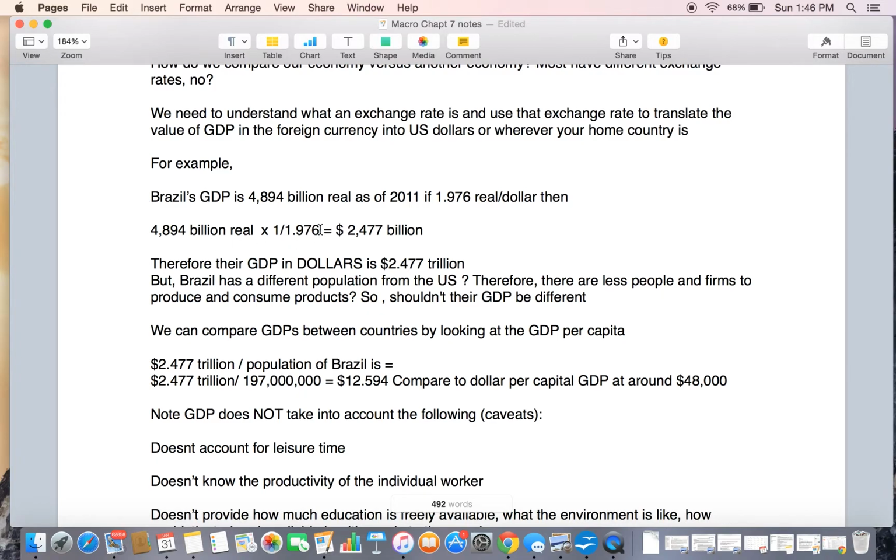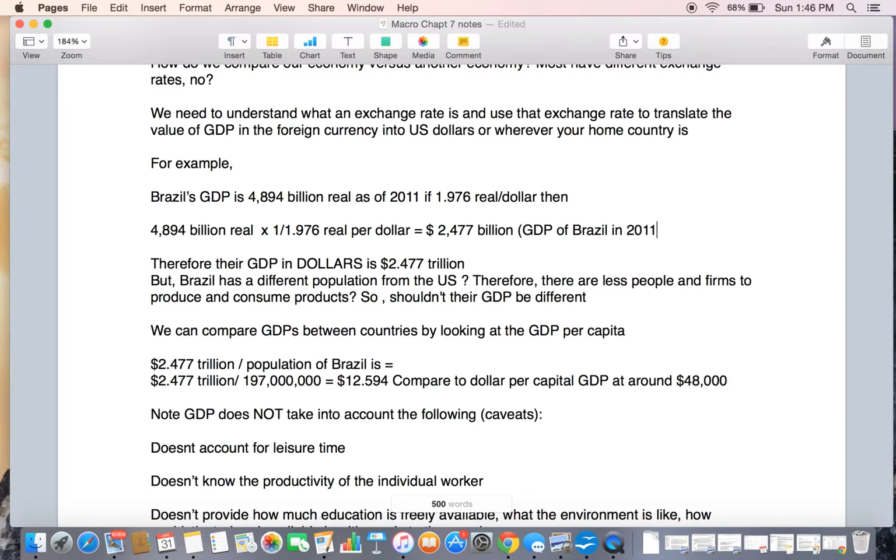So here we have real per dollar, and therefore 4,894 billion real times 1 over 1.976 real per dollar would give us $2,477 billion. But this, remember, is still the GDP of Brazil in 2011.